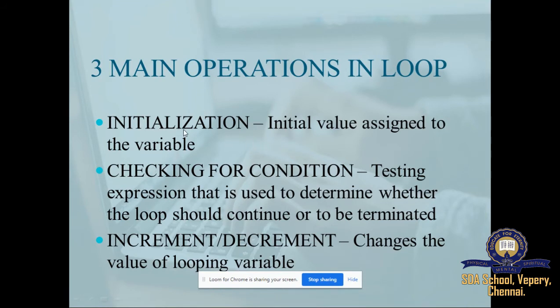The variable which you initialized will be changed according to this increment or decrement operation. So only these three things you have to remember in your loop: initialization, checking for condition, and increment and decrement operation. I'll show how it is represented in all these different loops.